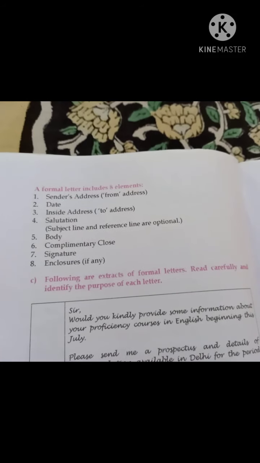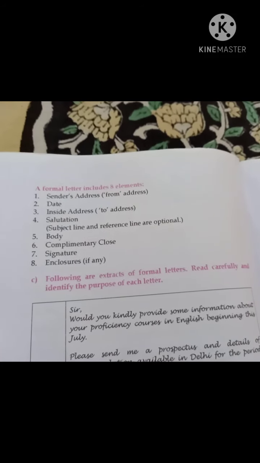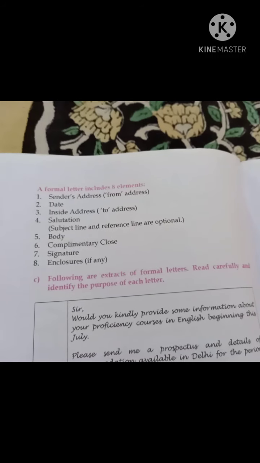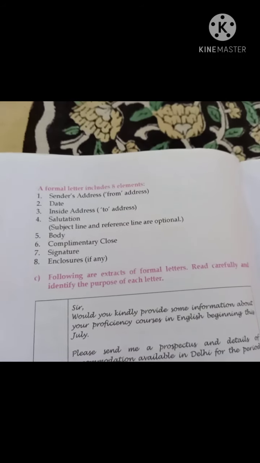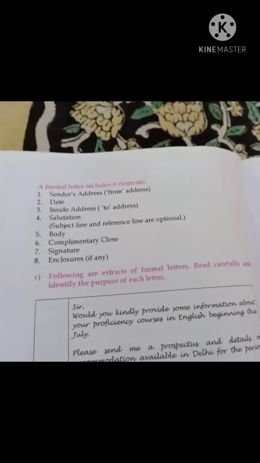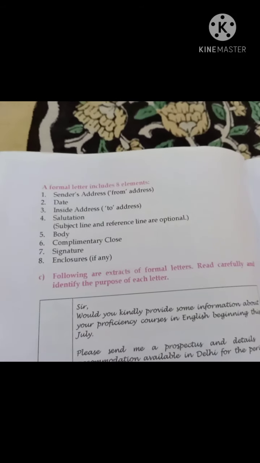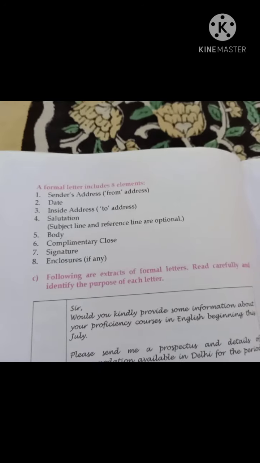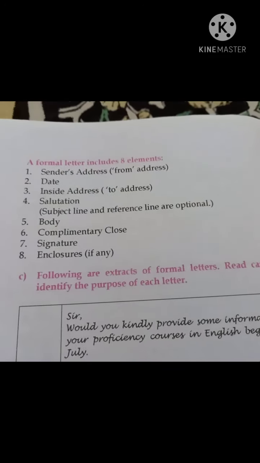For example, 7th May, then put a comma, 2021, and full stop. This is the format you must follow when you write the date.